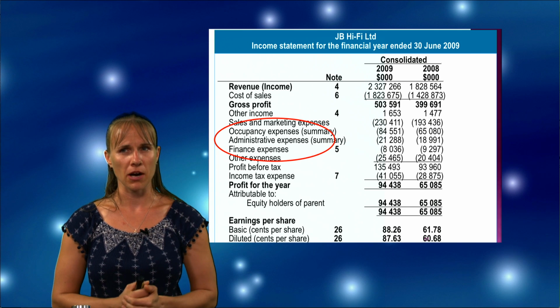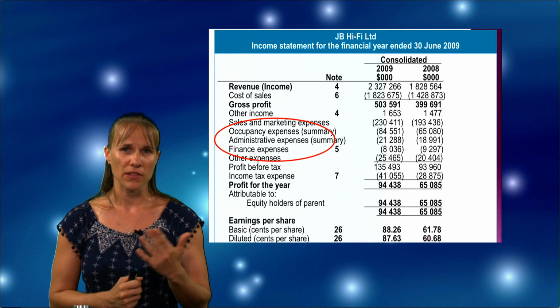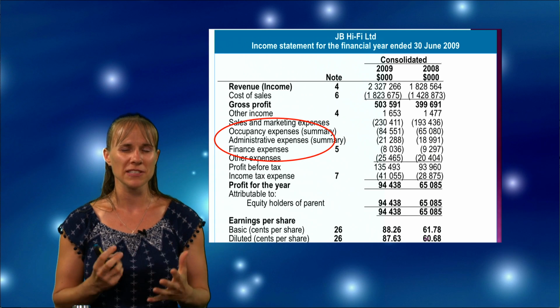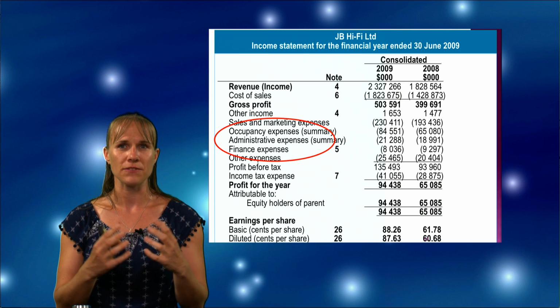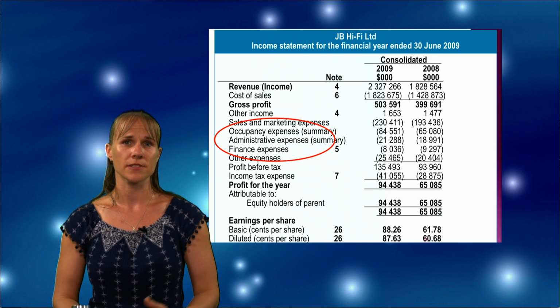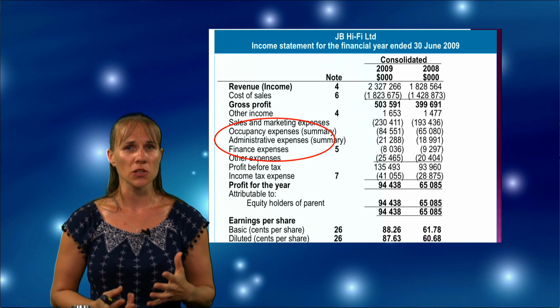Okay, so here's JB Hi-Fi's income statement. You can see they've got their revenue, their income, subtracting off their expenses. Their expenses look a little bit different because they present summary figures. So they have sales and marketing, occupancy, administrative, finance expenses. So they're actually groups. And you can see on the side there, you've got consolidated.